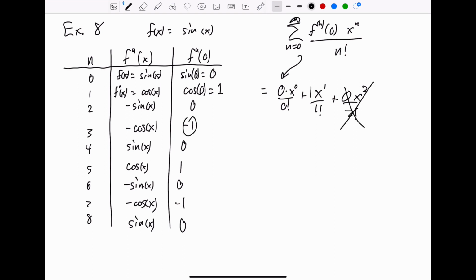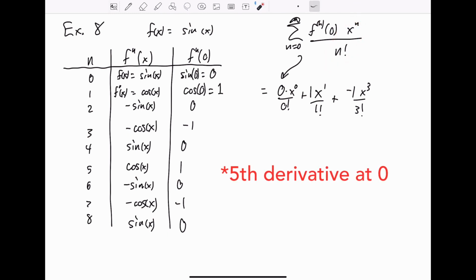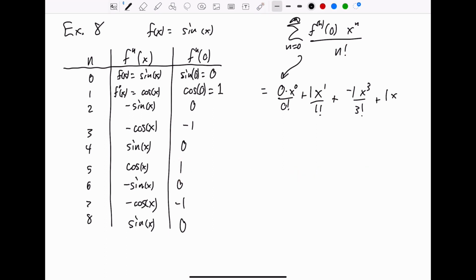So we go to the next term. If we plug in negative 1 for the third derivative, we have negative 1 times x cubed divided by 3 factorial. For the degree 4 term, we plug in 0 for the fourth derivative at 0, so we get 0. So we skip to n equals 5. If n equals 5, the derivative at 0 is 1. So we have plus 1 times x to the fifth over 5 factorial.